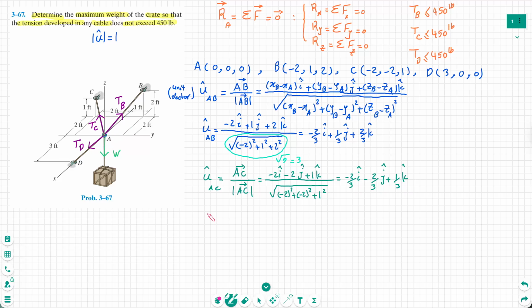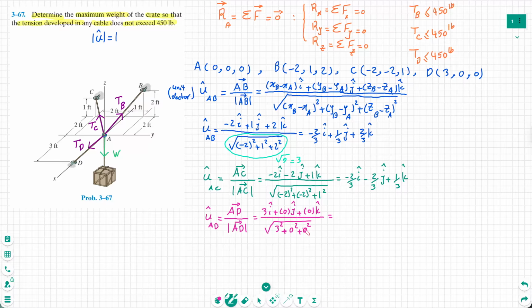And next is AD. So u hat of AD, I follow the same thing. So AD as a vector divided by the length of AD. Again, because A has 0, 0, 0, I just write 3 i hat, and then we get 0 j hat and 0 k hat, the 0 values for the second and third coordinates, divided by the square root of 3 squared plus 0 squared plus 0 squared.